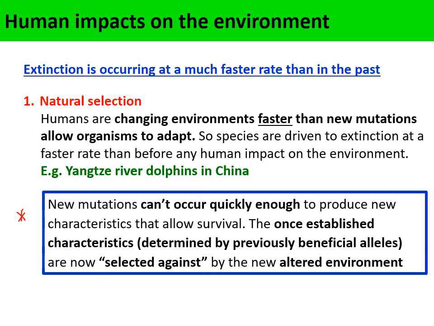So the once established characteristics that would have previously been advantageous in the older environment now get selected against by the new rapidly altered environment. So those beneficial characteristics that once did exist are now actually selected against by the new environment. But mutations haven't occurred at a quick enough rate to allow new characteristics to evolve by natural selection that match the new environment. So these individuals tend to die off.